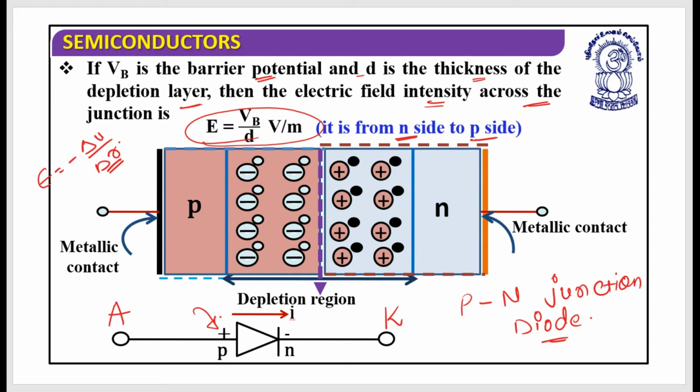In physics we represent cathode by K; in chemistry you might represent cathode by C, but in physics it's K itself. You can see the construction of the PN junction diode: on one side it's a P-type material, on the other side an N-type material. When they are connected back to back, a region is formed that we call the depletion region, and they end with two metallic contacts.